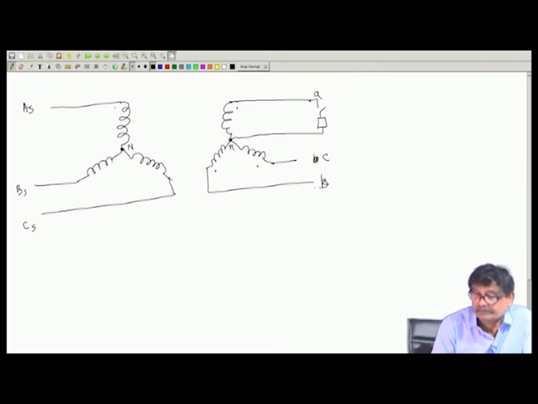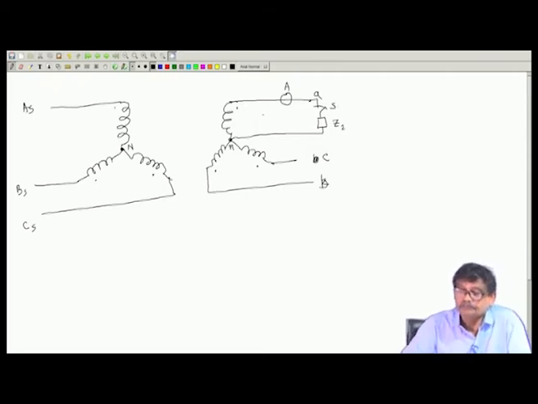B, C are open. This is quite interesting. And suppose I have connected an ammeter in series here to understand what is happening. If you close this with some Z2 connected, close the switch, the question is how much will be the current in this phase. It will be tempting that open circuit voltage whatever we had, that divided by Z2 will come as the current.